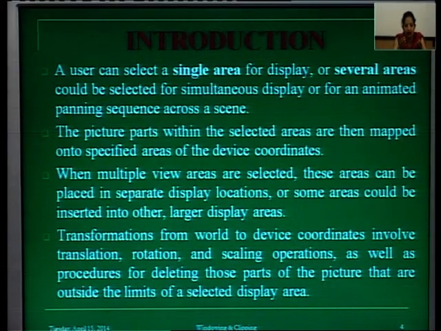Translation means we are changing the position of the scene from one location to another. Rotation, we can change the orientation of the scene. Scaling operation, we can change the size of the object, as well as the procedures for deleting those portions of the picture that are outside the limits of the selected display area.